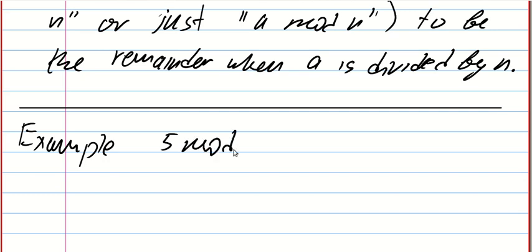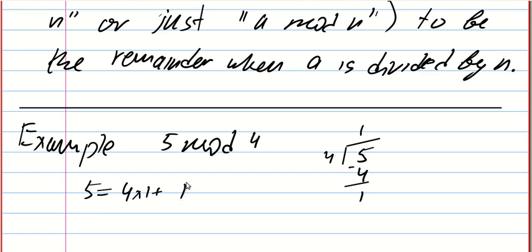You take 5 and divide by 4. It goes 1, so you subtract, you get 1. That's your remainder. We can write 5 as 4 times 1 plus 1, and this 1 is the answer for 5 mod 4. This is your remainder.